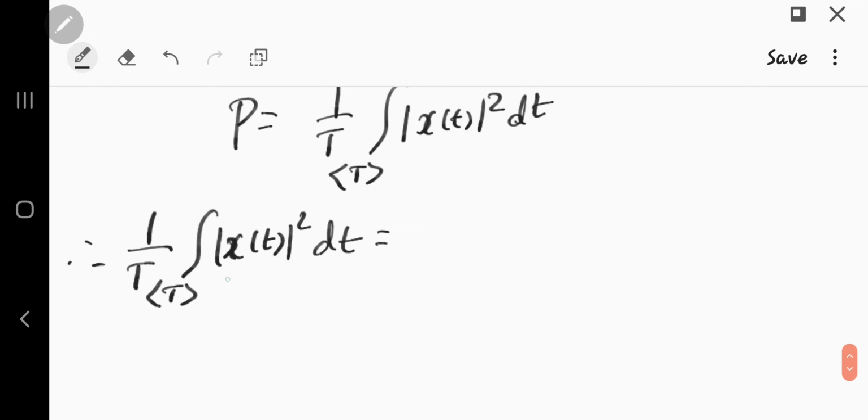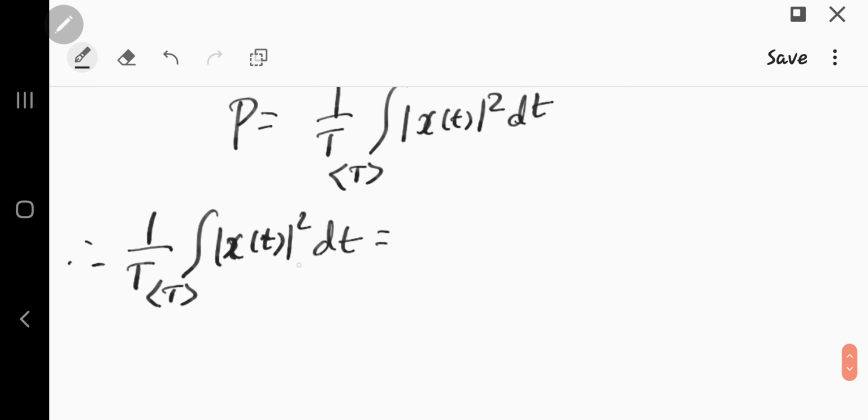Now, the imaginary part will just change its sign. That's why we have taken the mod here, which represents that the signal can be real or it may be a complex valued signal. So we have to consider both of them.